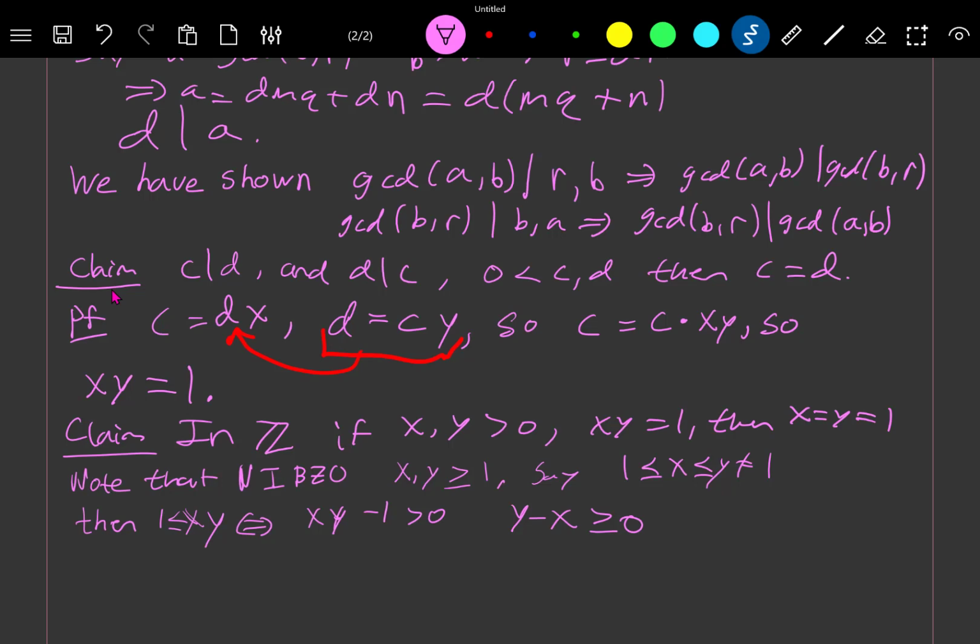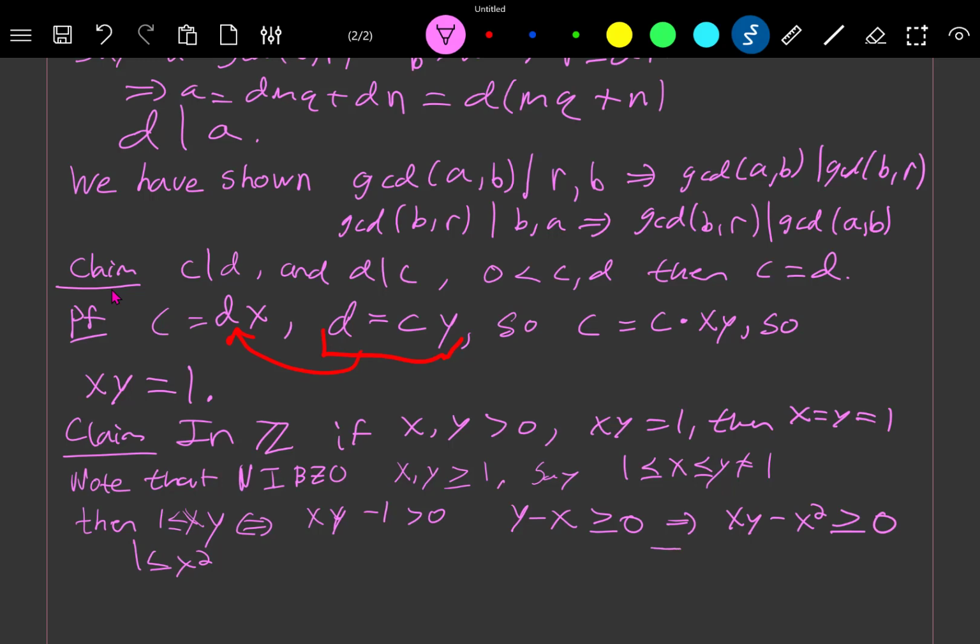Now let's just multiply this whole thing by x. So we have xy minus x squared is greater than or equal to 0. And we note that x squared is greater than or equal to 1, because 1 is less than or equal to x.